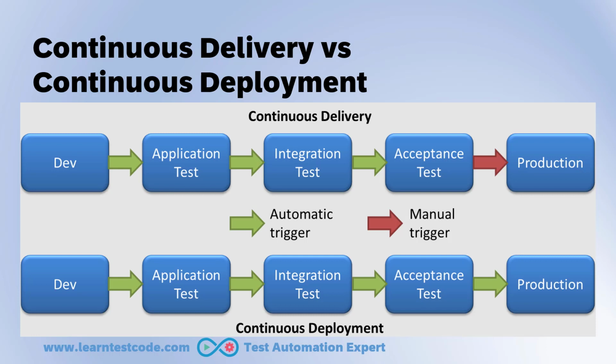It's a matter of a few minutes for a developer to commit the code, run all types of automated tests and deploy to the production. So the goal always is to start from continuous delivery and go to continuous deployment.